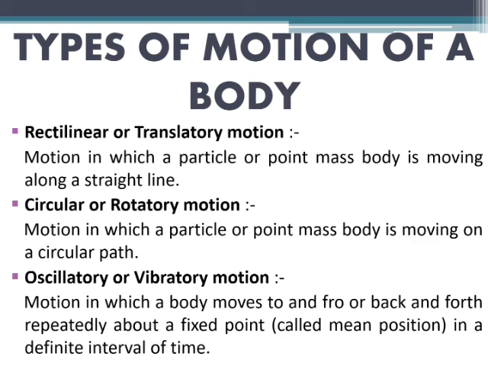In such a motion, the body is confined within well-defined limits on either side of mean position. It means a periodic and bounded motion of a body about a fixed point is called an oscillatory motion. For example, the motion of the pendulum of a wall clock is oscillatory motion.